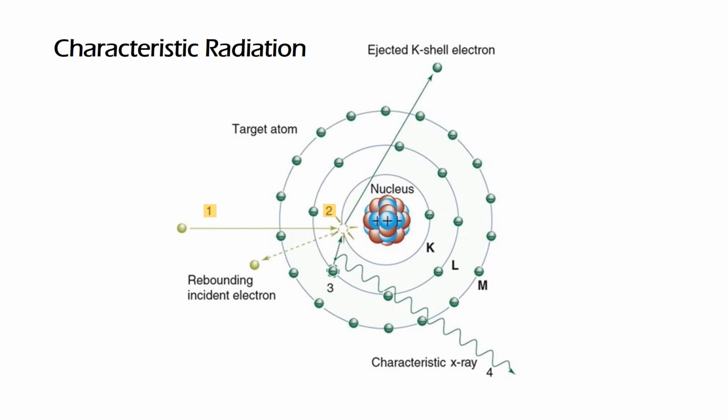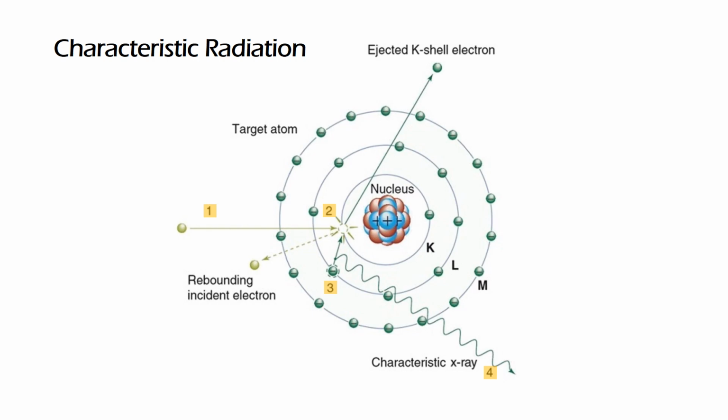The K shell electron is removed only if the energy of the incident electron is greater than the K shell binding energy, leaving a vacancy in the K shell. 3. An electron from the adjacent L shell fills the vacancy. 4. A K-alpha characteristic X-ray photon is emitted with energy equal to the difference between the binding energies of the two shells.